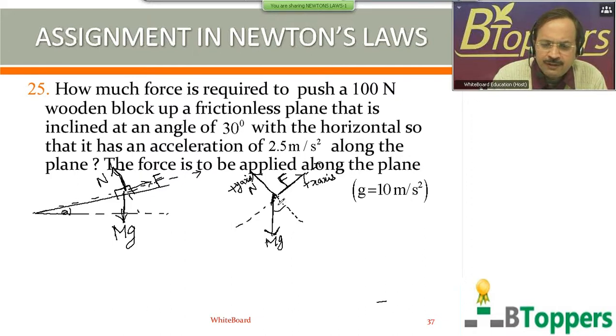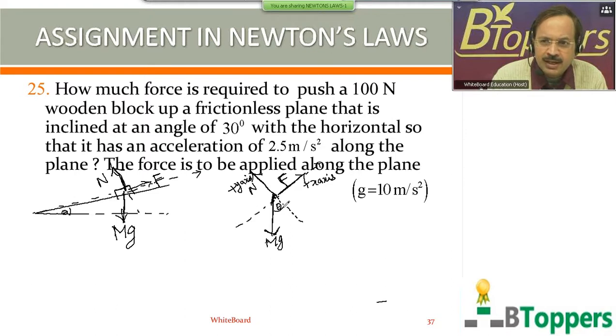The smaller angle between the line of action of the weight mg and line of action of normal reaction produced backwards will always be same as the angle of inclination theta of the inclined plane to the horizontal. So normal reaction force acts along positive y-axis. The pushing force applied on the block, the accelerating force, acts along positive x-axis. The weight mg of the block is inclined to both axes.